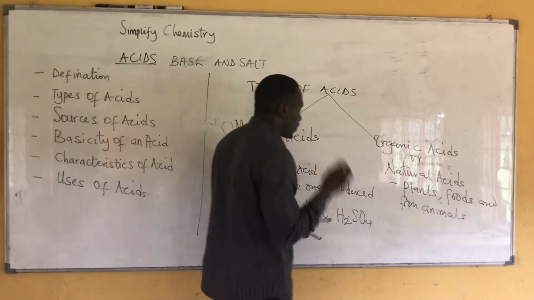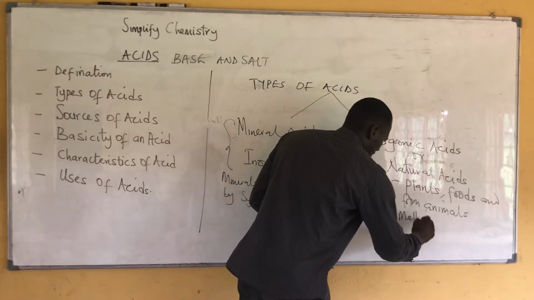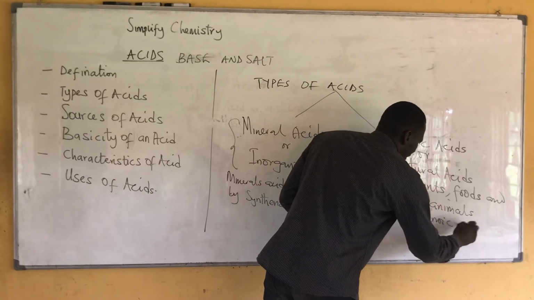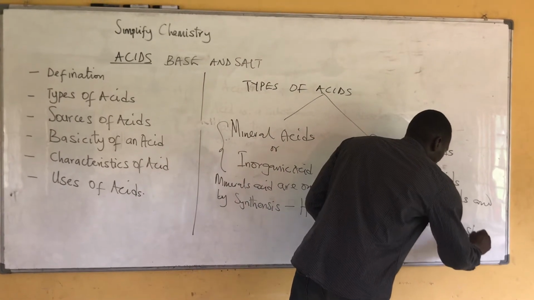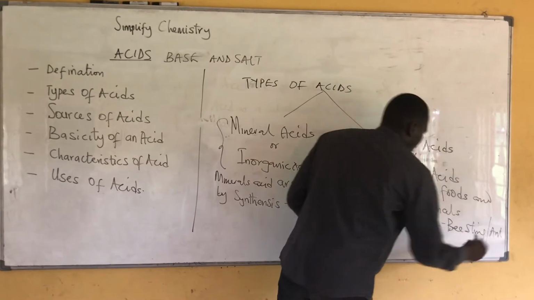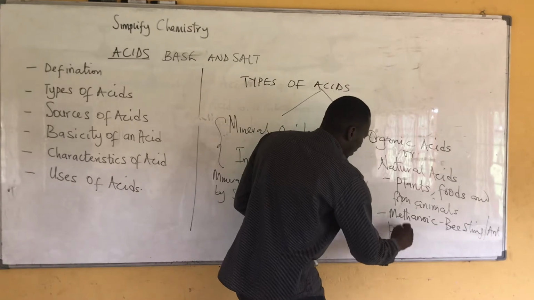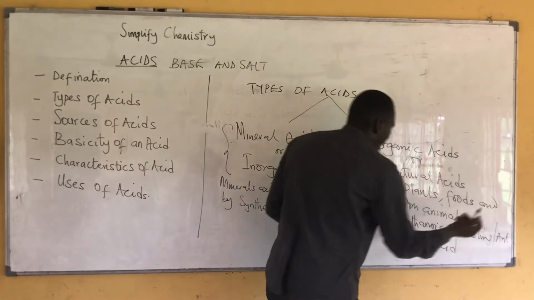Let's see examples. Your methanoic acid is gotten from your bee sting or ants. We have the palmitic acid from your palm.